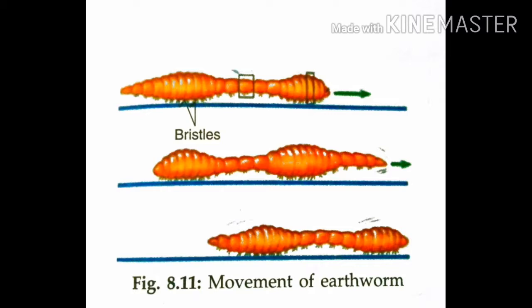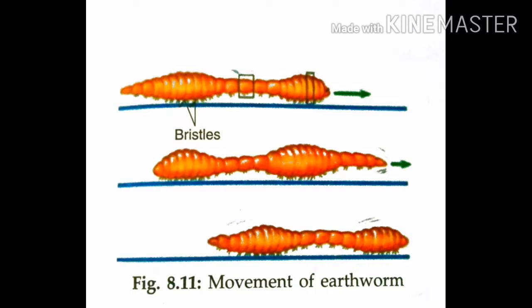Earthworms move by contracting and expanding their body. There are bristle-like structures called chaetae on their bodies, which help in movement.